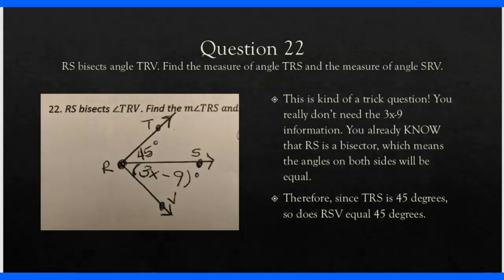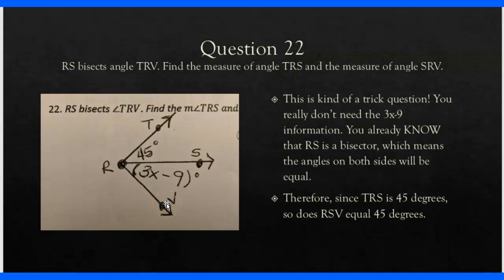That's really important. Finally, question number 22, we find out that we have a bisector here, which is RS, which is going to make both sides of this equal. It says RS bisects angle TRV. Find the measure of TRS and the measure of SRV.